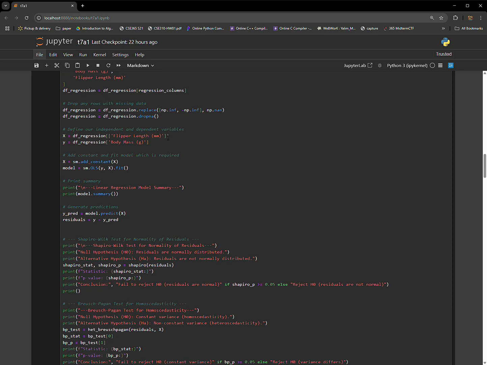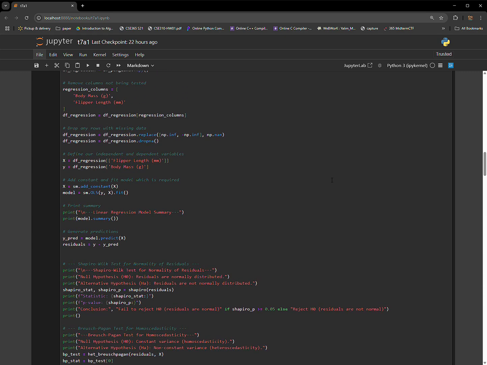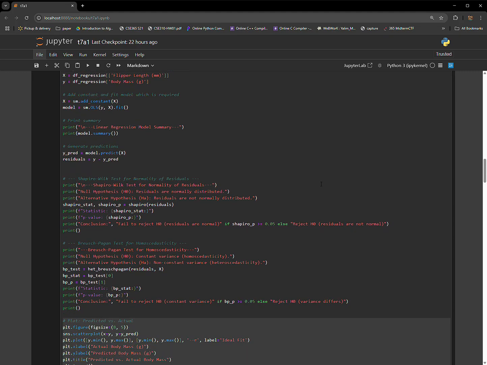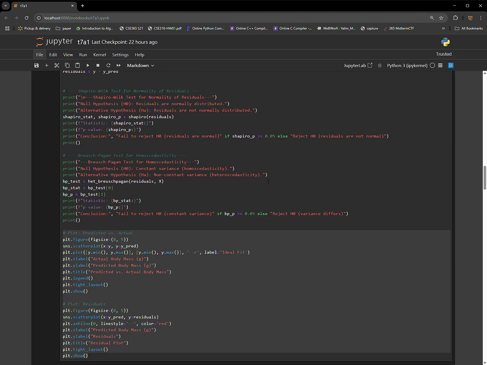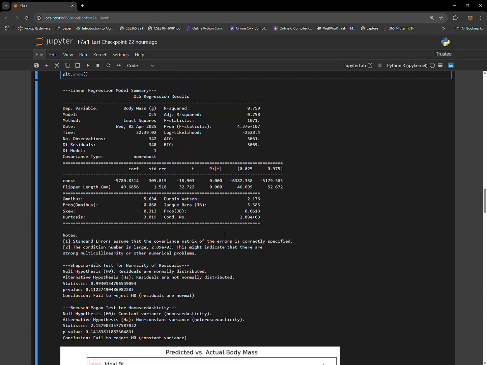In order to do this, again, there are assumptions that we need to check with the Shapiro-Wilk test and also the Breusch-Pagan test. The Shapiro-Wilk test is for normality, and the Breusch-Pagan test is for homoscedasticity. We also want to look over the results of the generated model, and then look at the plots of the predicted versus actual, and also the residuals.